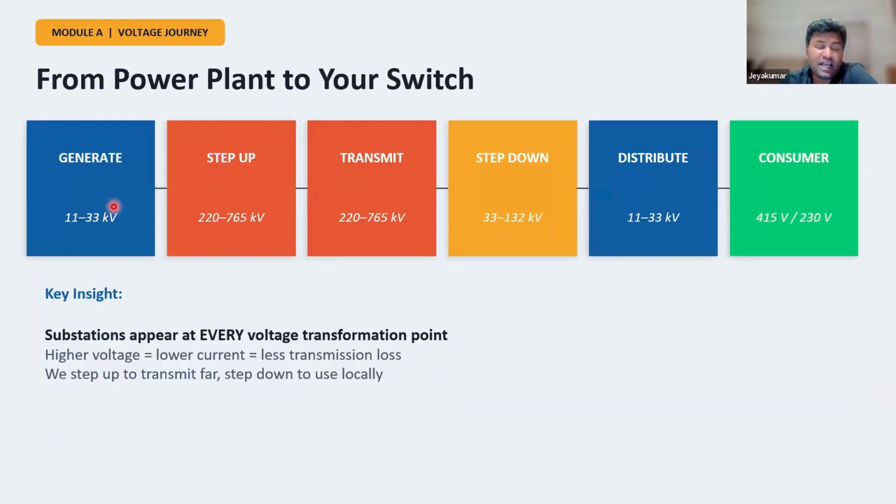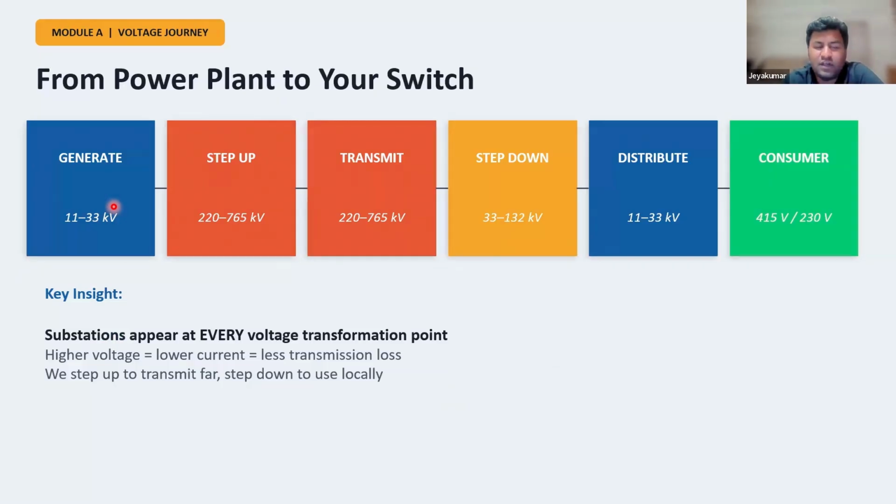Basically, generation happens. If you look at the major big generators available, typically the generating voltage will be 11 kV or 15 kV, something like that. Very rarely do generators generate at 33 kV, but a few big generators are slightly less than that.